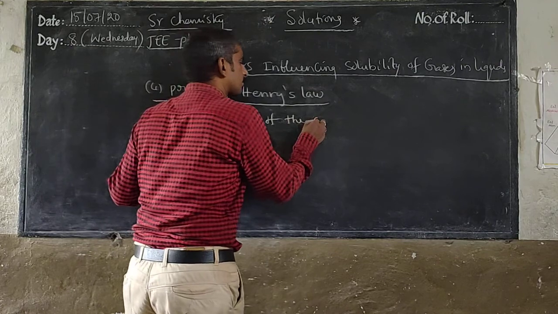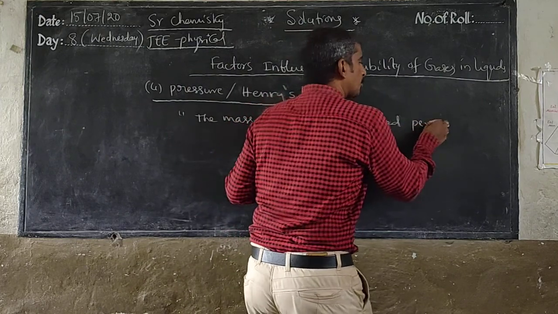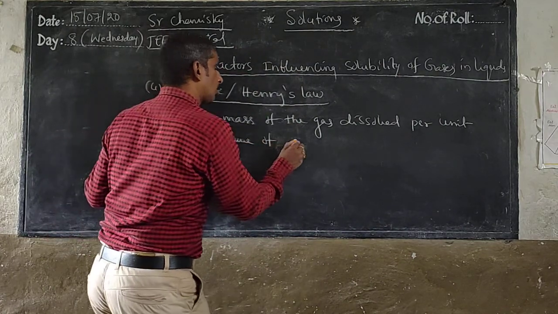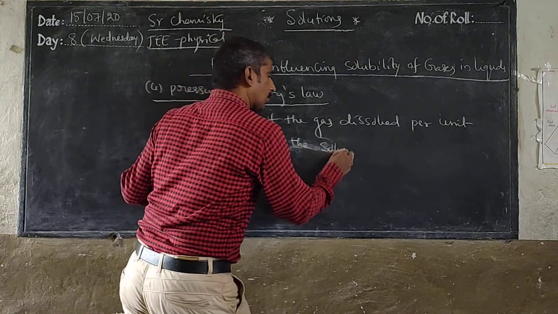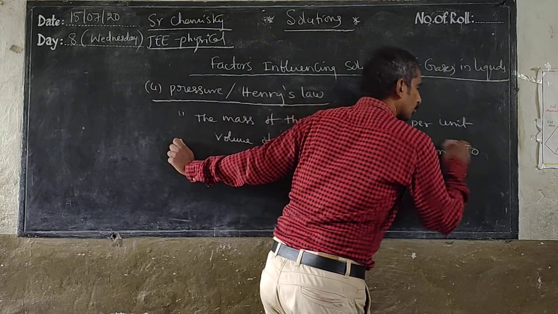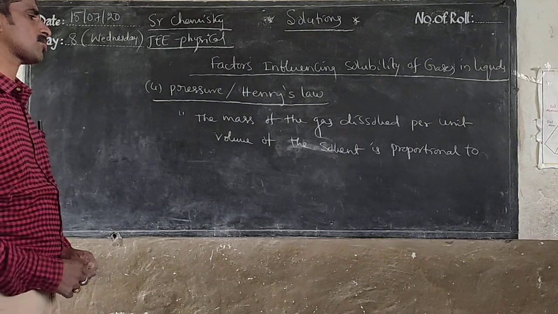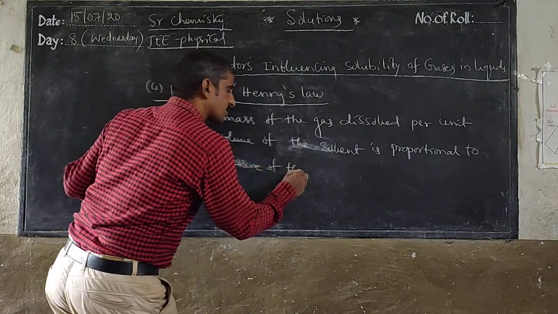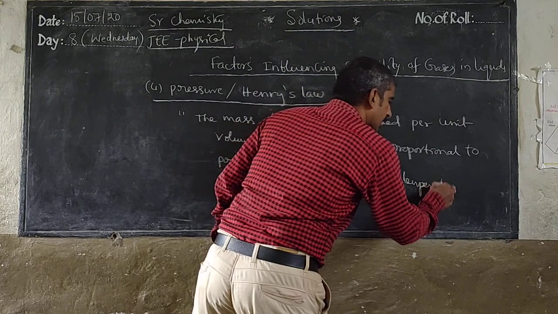The mass of the gas dissolved per unit volume of the solvent is proportional to the pressure of the gas at a given temperature.